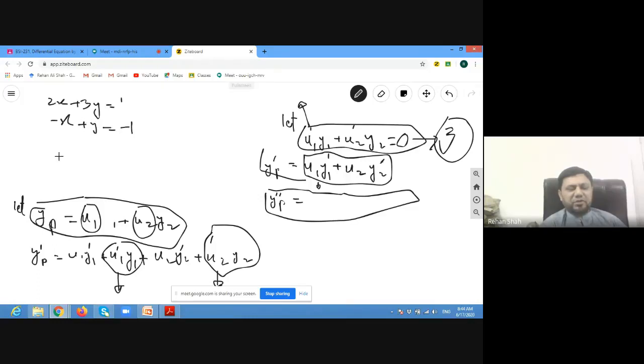What is the value of x? The value of x is W1 by W, and the value of y is W2 by W, if you remember.